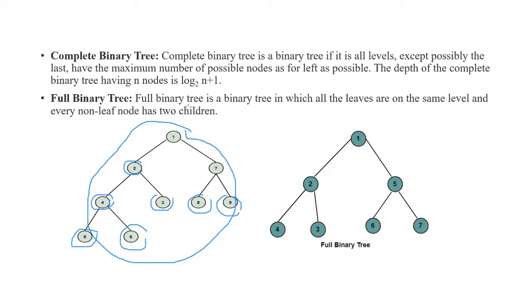Next, the full binary tree. A full binary tree is a binary tree in which all leaves are on the same level and every non-leaf node has two children.